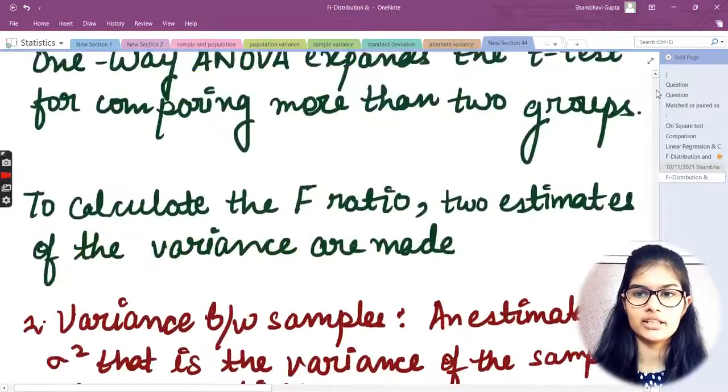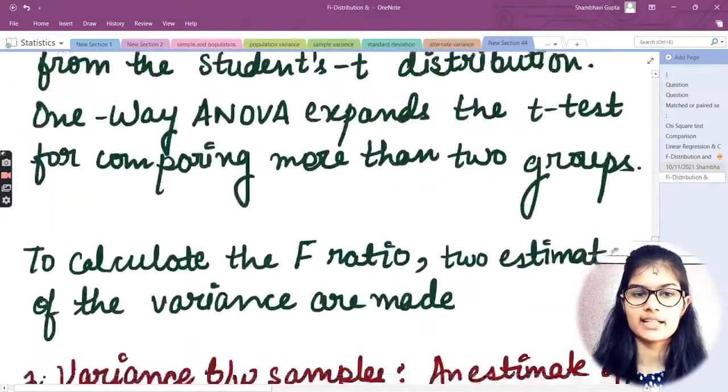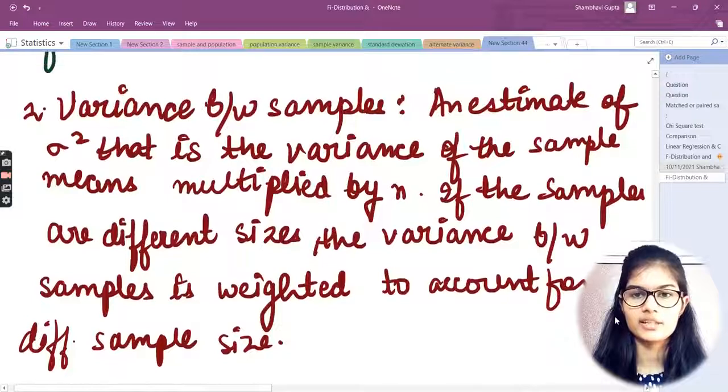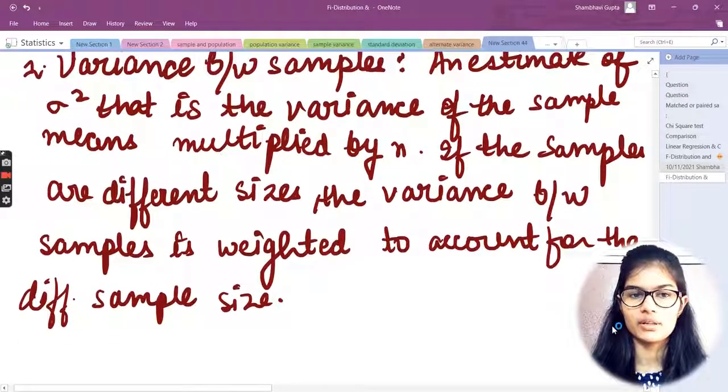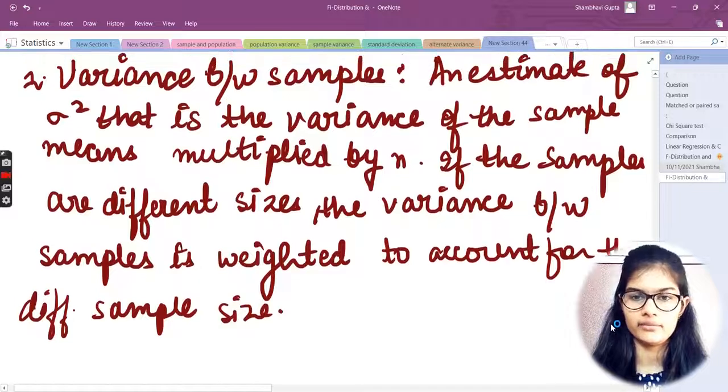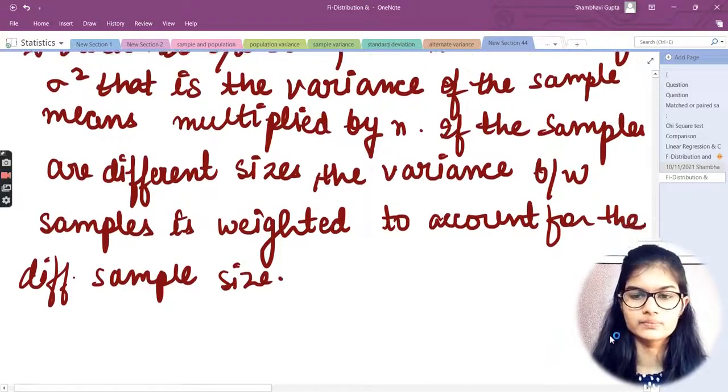Let me revise that: the variance between samples is an estimate of sigma square, the variance of the sample means multiplied by n. Now, if the samples are different sizes, then the variance between samples is weighted to account for the different sample size. I hope I am clear with this.